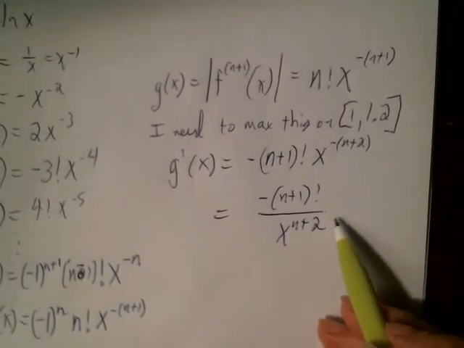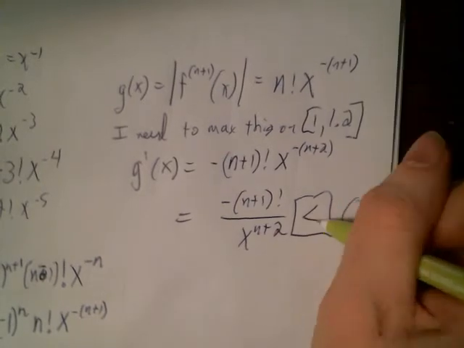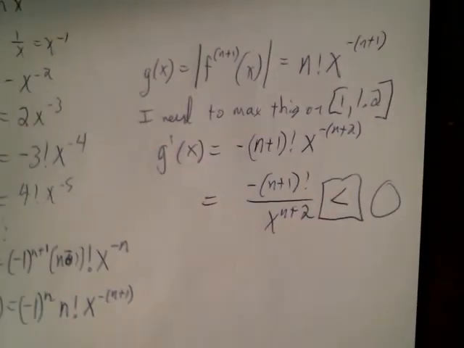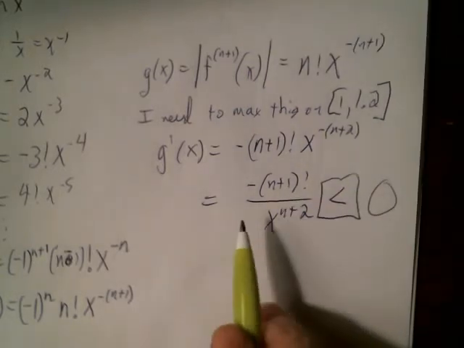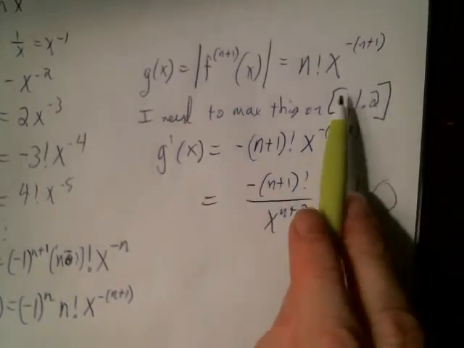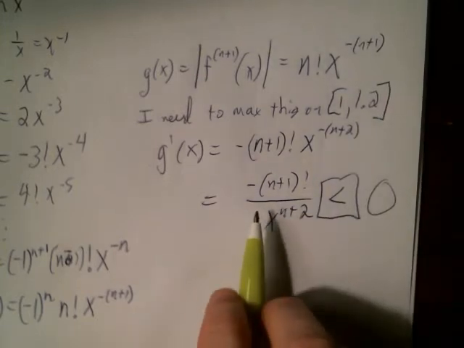The derivative of g of x then is less than 0. So there are no critical points in this interval. Usually what you do is find the critical points and then evaluate the function at the endpoints, and you figure out what the max and min is that way.